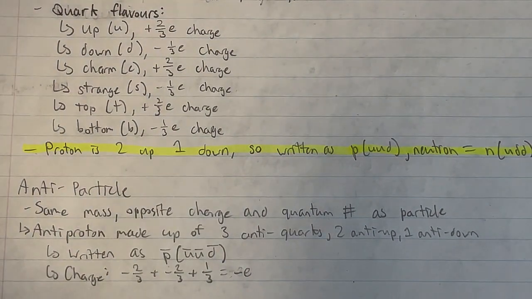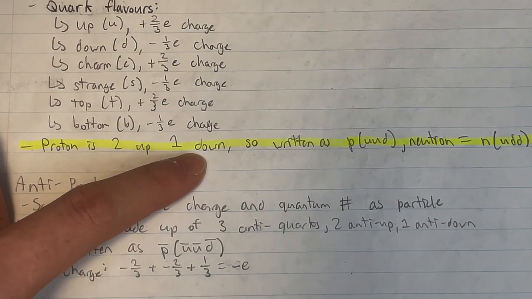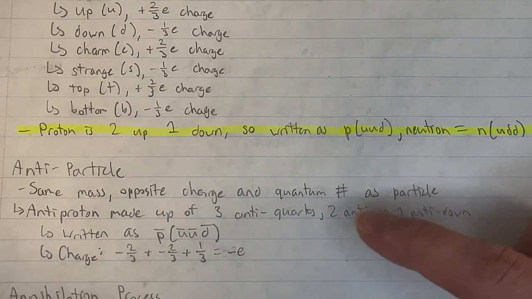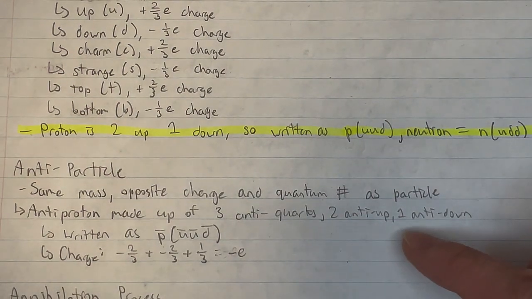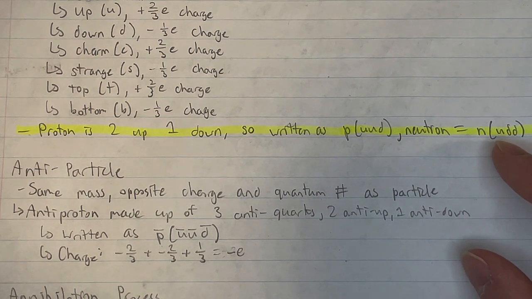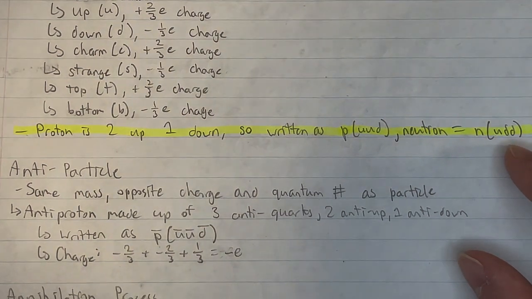So we saw that the proton was made up of 2 up and 1 down quark. So an antiproton is going to be made up of 2 anti-up quarks and 1 anti-down quark. This is the same for a neutron. An antineutron would be made up of 1 anti-up and 2 anti-down quarks.